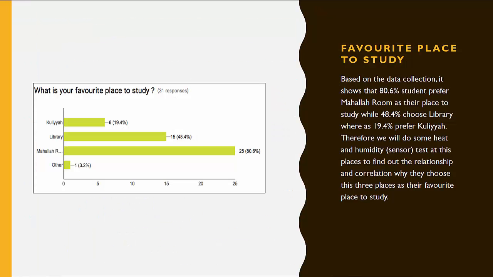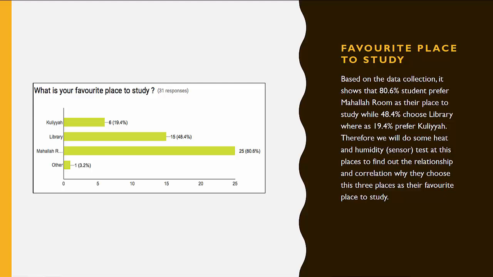So this is one of the questions in the survey: what is your favorite place to study? Based on this survey, it shows that 80.6% of students prefer Mahalah room as their place to study, while 48.4% choose library, whereas 19.4% prefer to study at Kuliah.